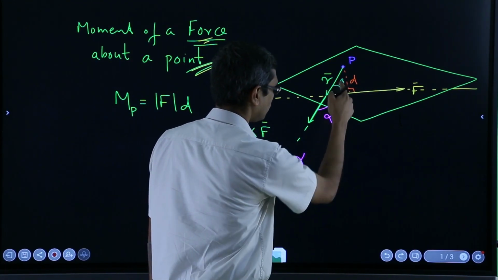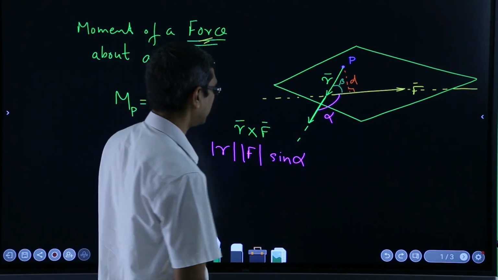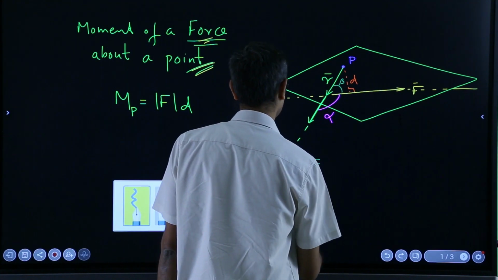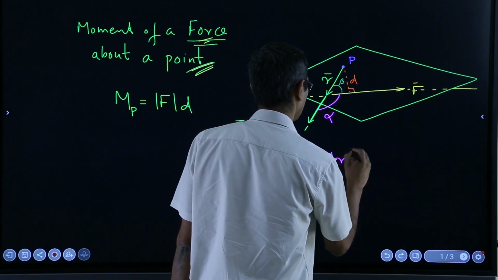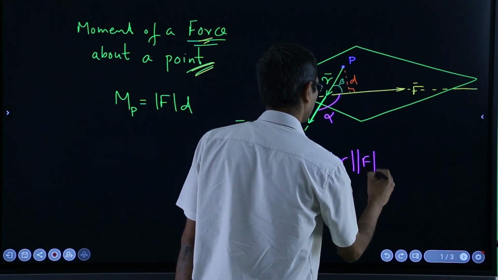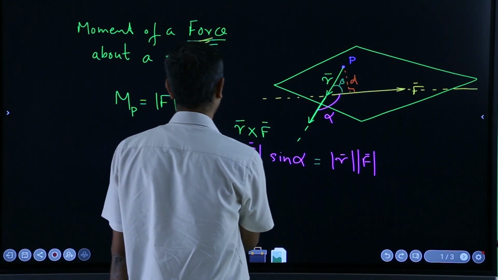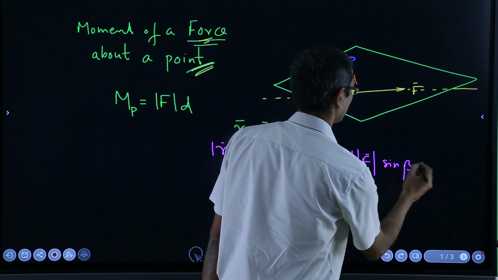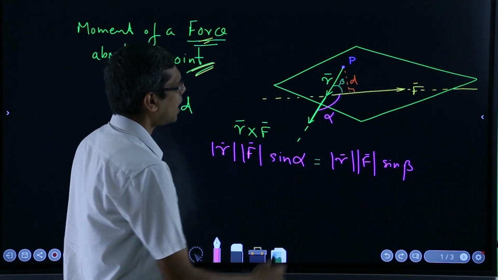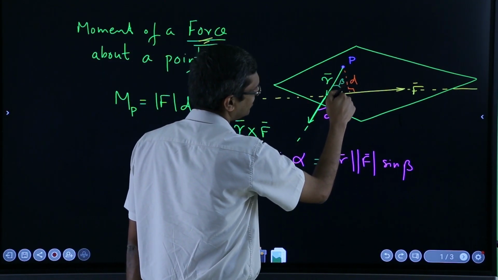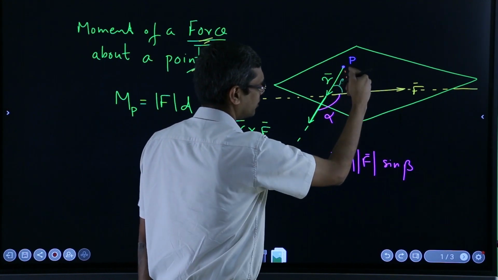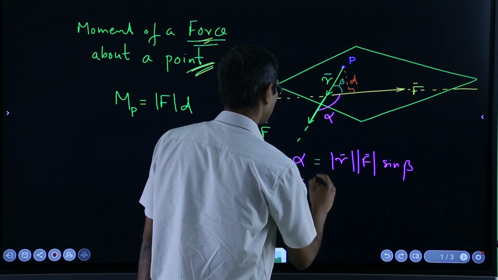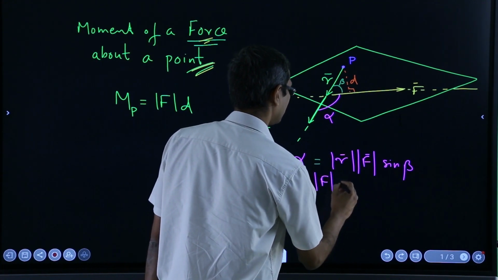Because beta is nothing but 180 minus alpha, you can also write it as r times f, sorry I should have put the bars, times sine of beta. Now r times sine of beta is nothing but d. So this is nothing but your f times d.